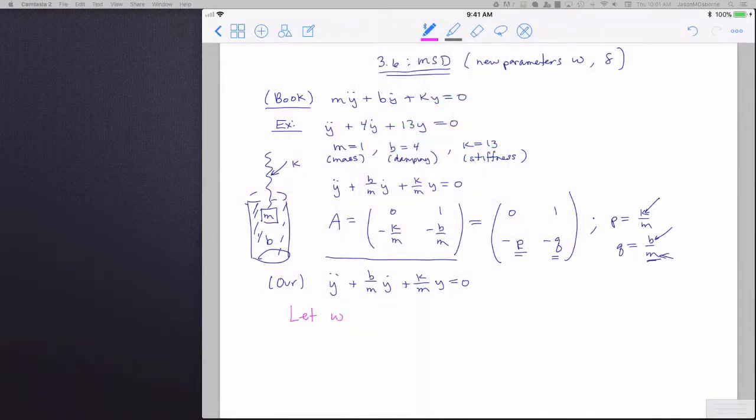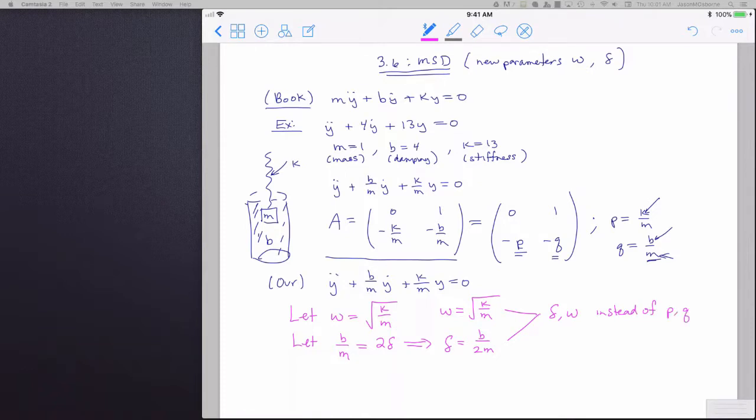Let omega be the square root of k over m, and we're going to let b over m equal 2 delta, which implies that delta is b over 2m, and omega is the square root of k over m. Okay, delta and omega are going to be our parameters. We're going to use delta and omega instead of the parameters p and q.